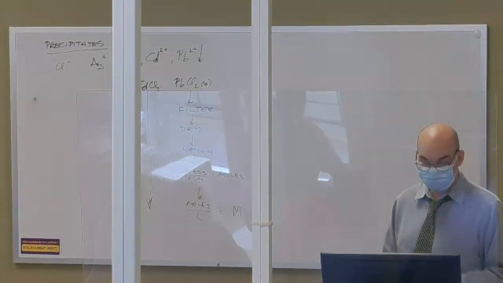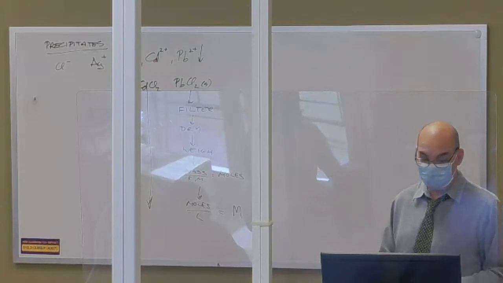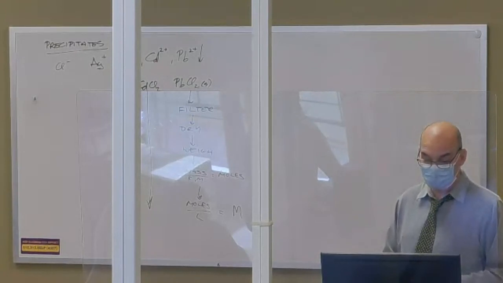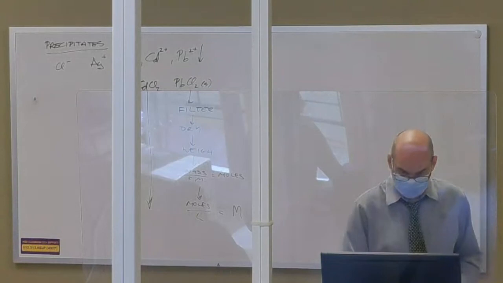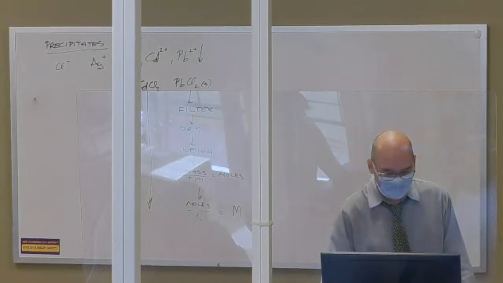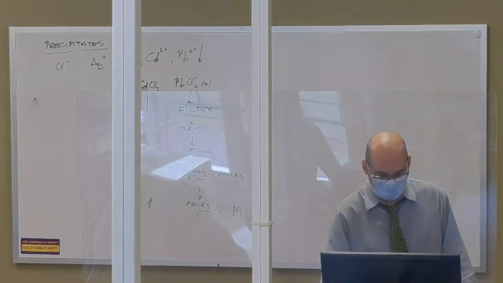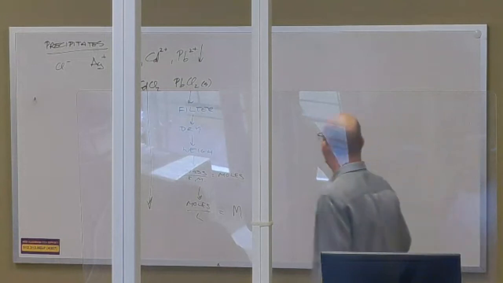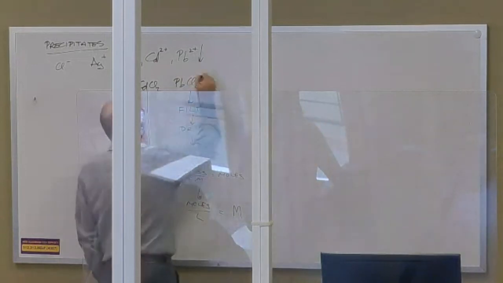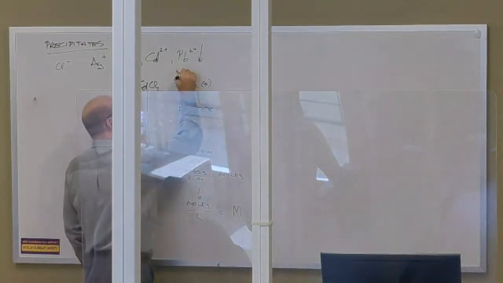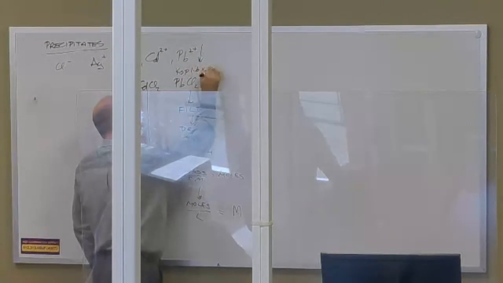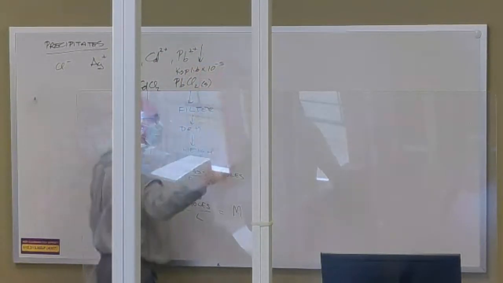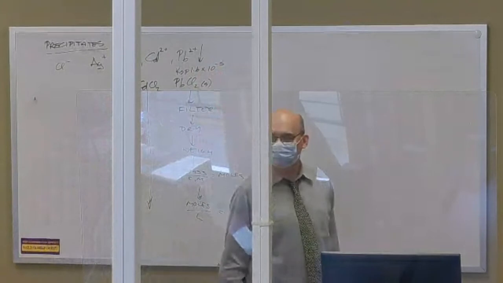Okay. Further down the list, it says it's 1.6 times 10 to the negative 11. I'm going to hit return. Yeah, it's 1.6 times 10 to the negative 5. So Ksp of lead chloride is 1.6 times 10 to the negative 5. Comment on its magnitude.